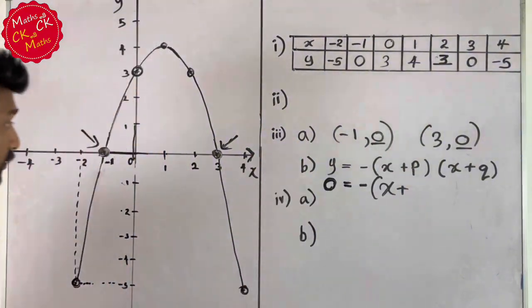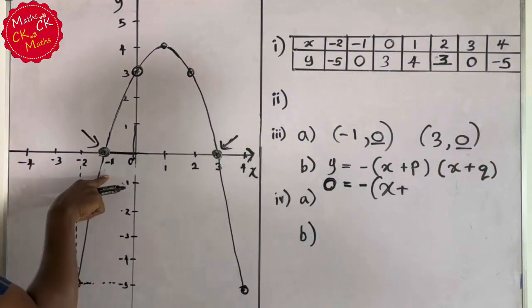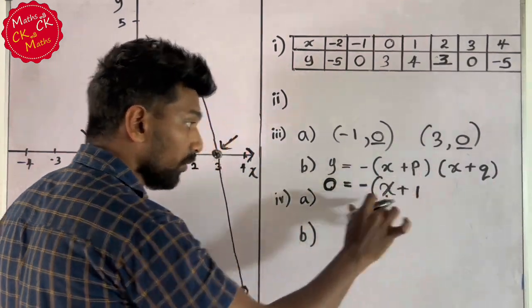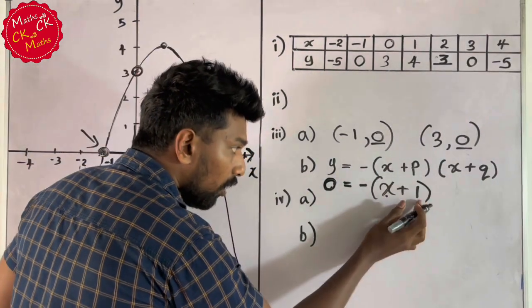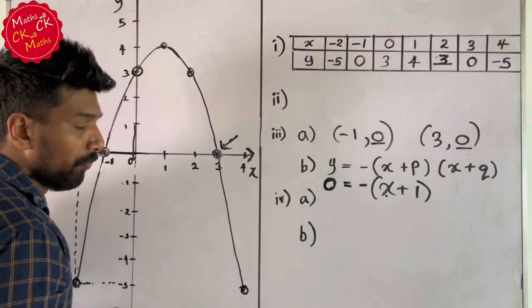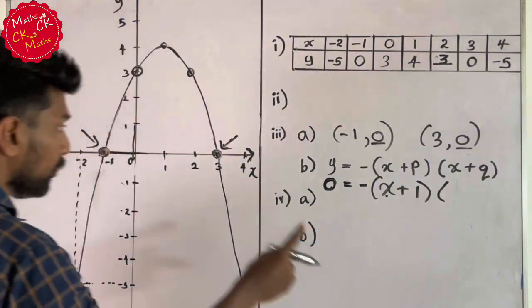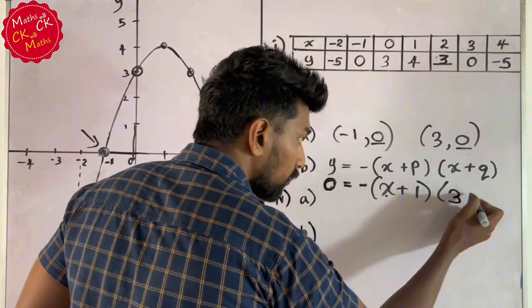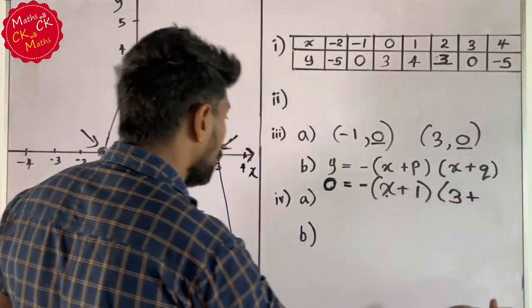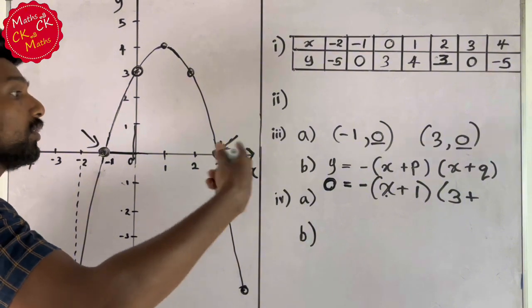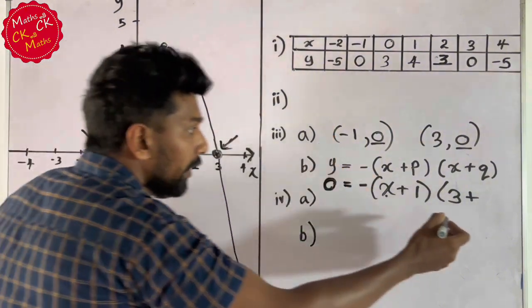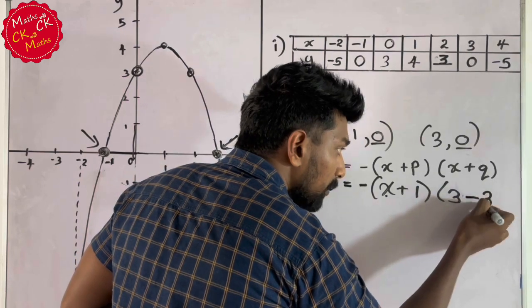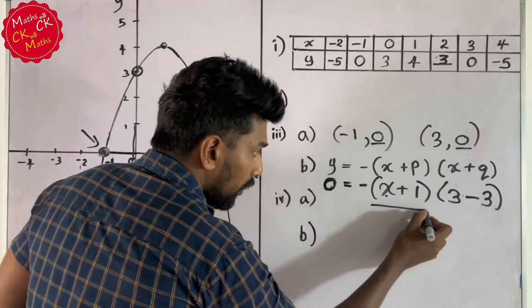No, it's not. If we take +1, yes, -1 plus 1 is 0, so the total value here will be 0. And the x value here is 3. 3 plus what value will make the total 0? It should be -3. So here it should be -3.